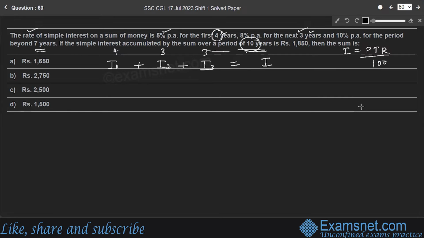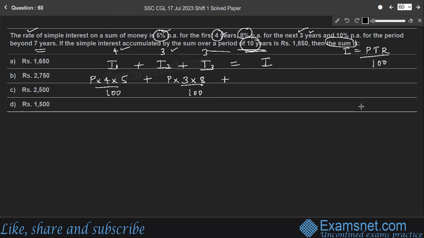So let us find simple interest for the first 4 years. Principal is not given because we need to find the sum. So principal into time, 4 years, into rate of interest, 5% by 100, plus. For the period of 3 years, simple interest is principal into 3 years into rate of interest 8% by 100, plus.